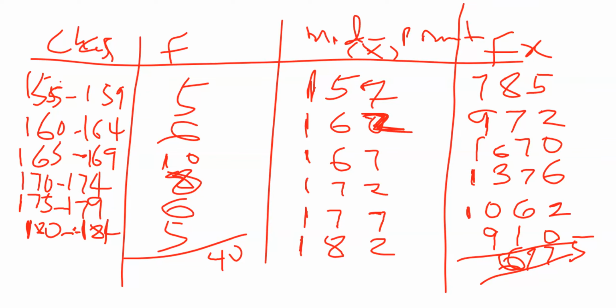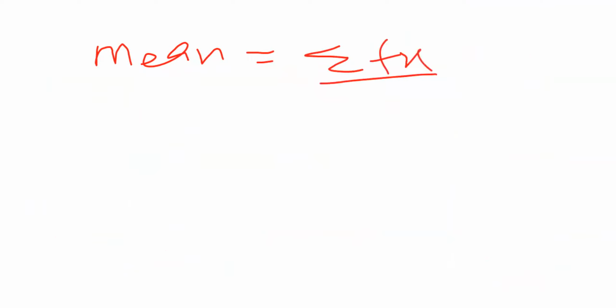All right, continue. Now, finally, the mean for this question, the arithmetic mean, will be summation of fx all over summation of f, which is 6775 all over 40.